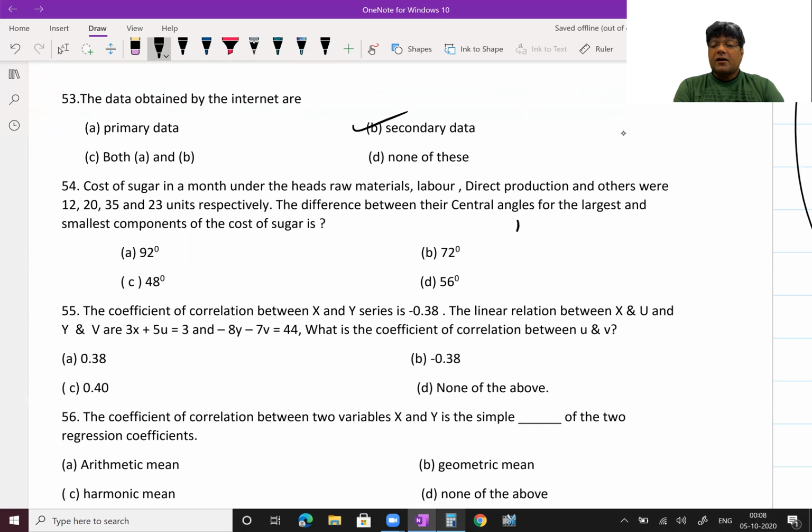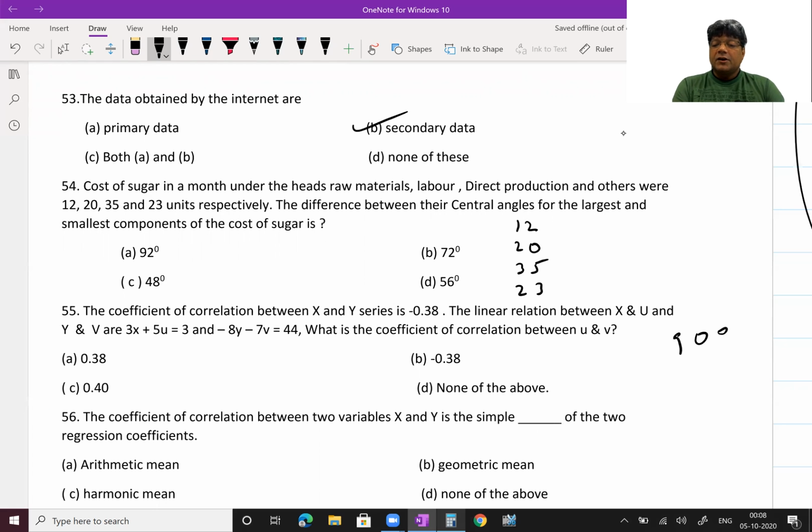These values are 12, 20, 35, 23. Their total is how much? It comes to 90.